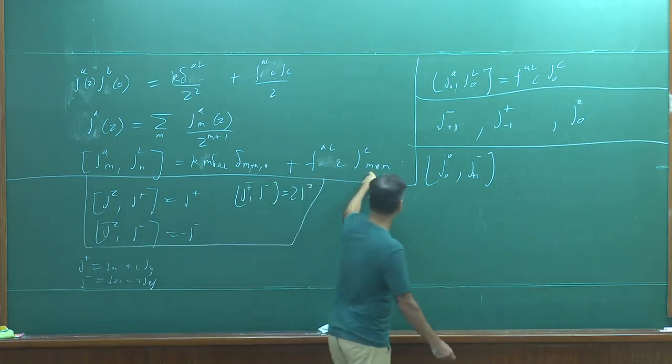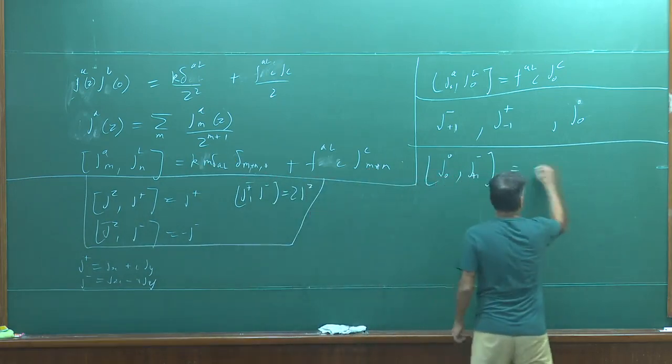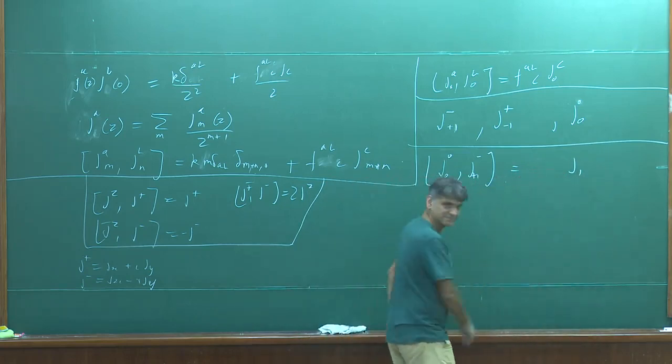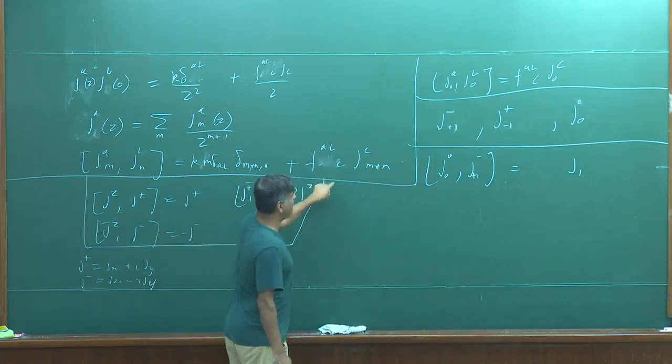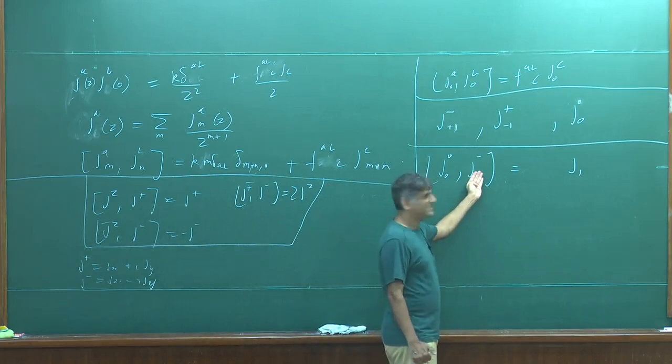What we're going to get is something with m plus n, but m plus n is 1, so we'll get something with mode 1. We get it from f^{ABC}, but that f^{ABC} is independent of the mode.